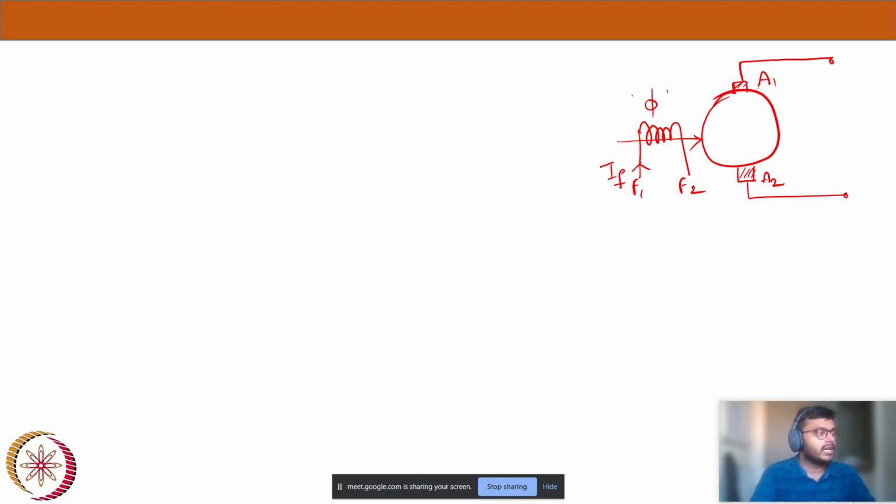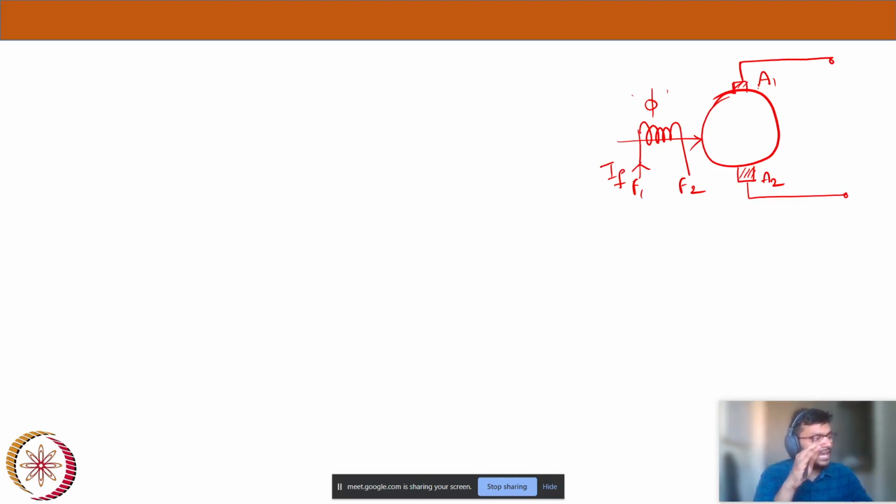Now consider a DC machine. Here I have mentioned phi is the flux per pole, and if you pass a known current IF, the poles N and S will be created inside the machine, and a flux per pole is created. Now I decide to run the machine in a particular direction with a speed in RPS or RPM.